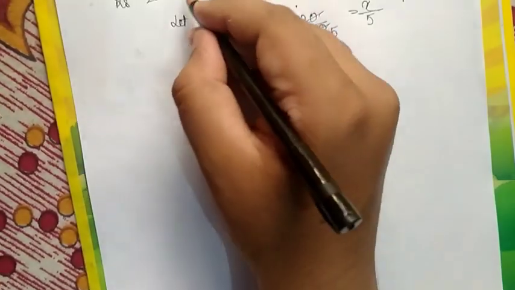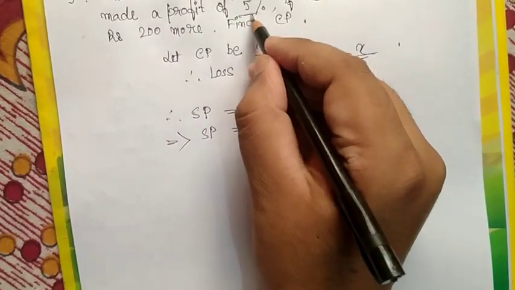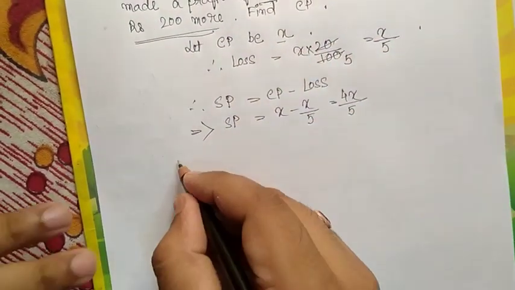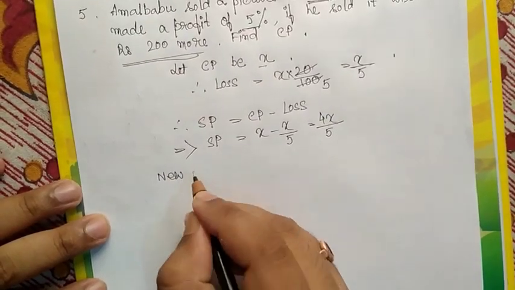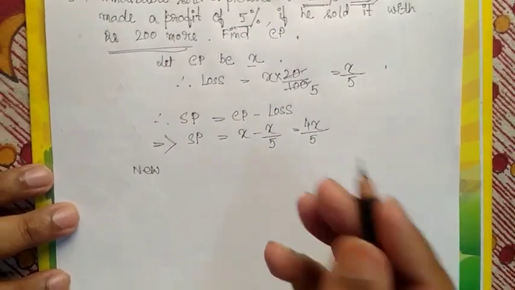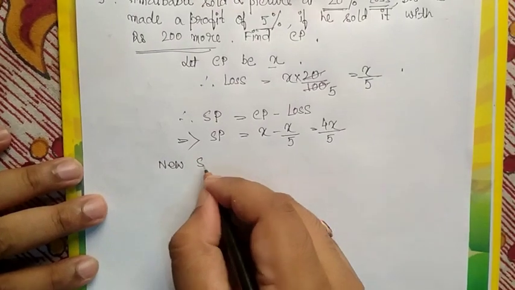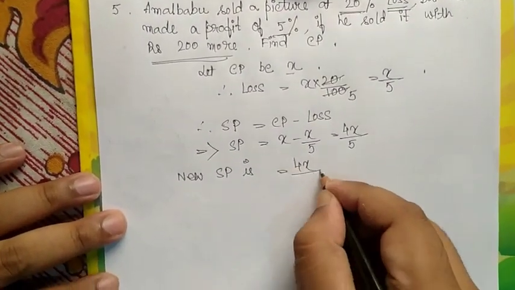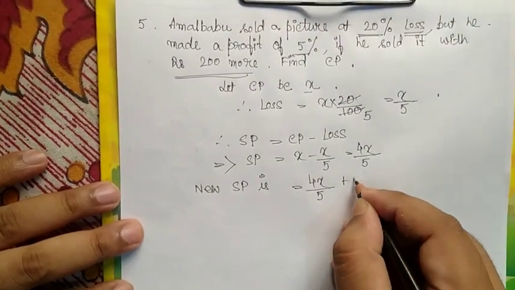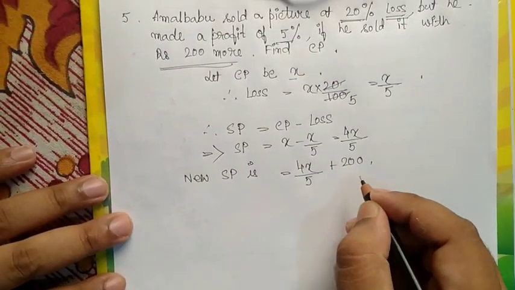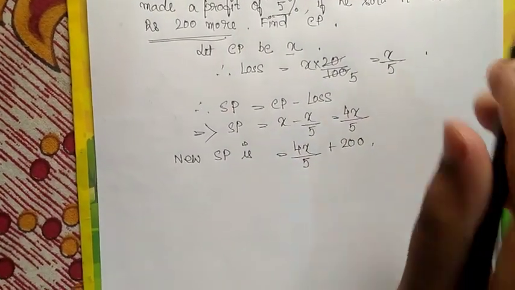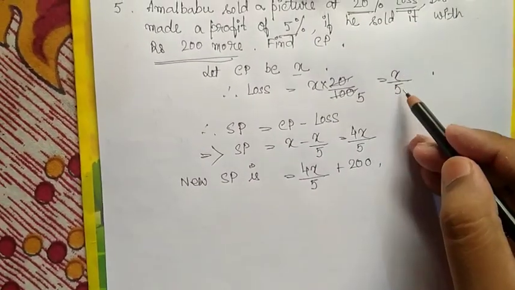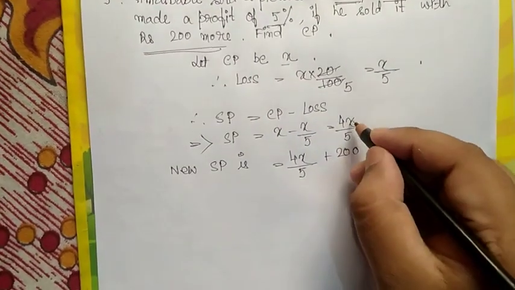But he would have made a profit of 5% if he sold it for rupees 200 more. So if he sold it for rupees 200 more, the new SP is 4X by 5 plus 200. Read the question very carefully. First of all, here CP is X, loss is X by 5, SP is 4X by 5.